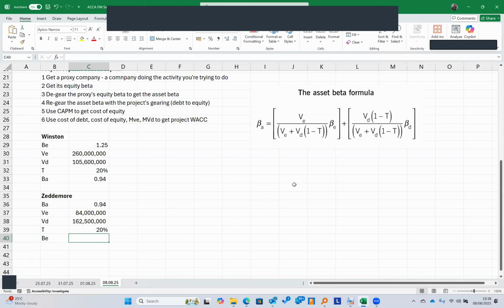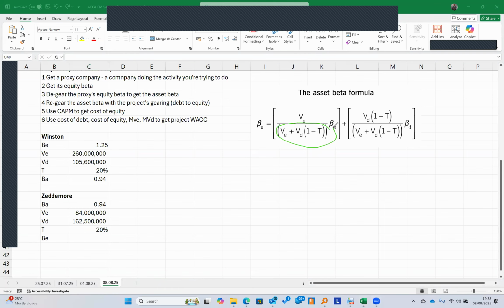Now to get the equity beta, we use the same formula, but we arrange it such that all of this goes on top and this one goes at the bottom. I'm not explaining it so much here because this is just arranging the formula, making BE the subject, which I am thinking that we are all very good at.